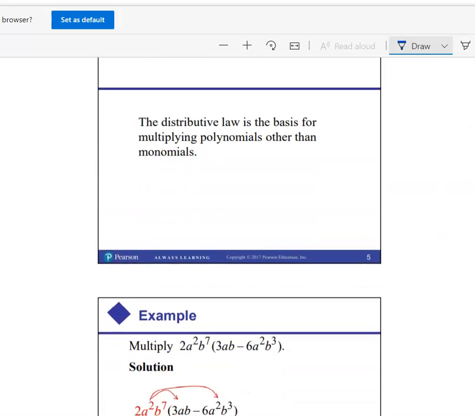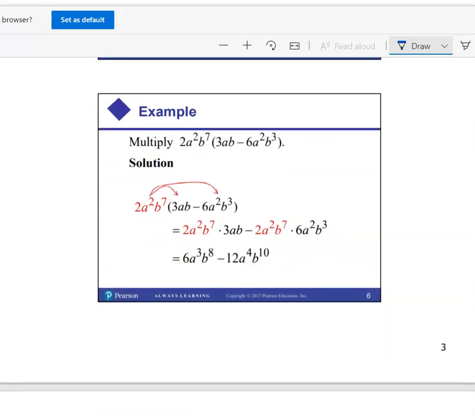The distributive law is the basis for multiplying polynomials other than monomials. We've already used the distributive property in this class, but basically they're saying we're going to multiply 2a squared b to the 7th times 3ab minus 6a squared b to the 3rd. So you can see that they want to multiply this first, and then multiply by this second.